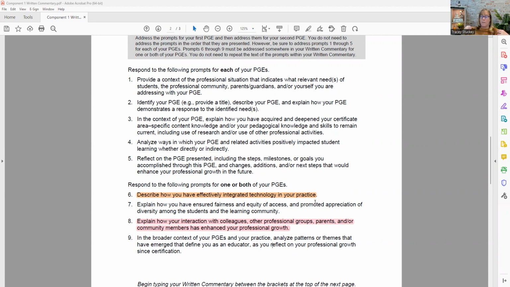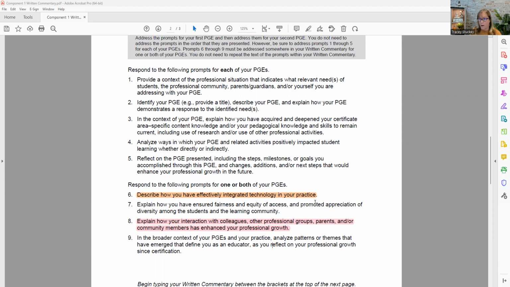So I want you to think about this. You have your PGE, and you have to drill down to how did you use technology to effectively meet the needs of yourself, other colleagues, parents, or your students inside of the work you did in that PGE.